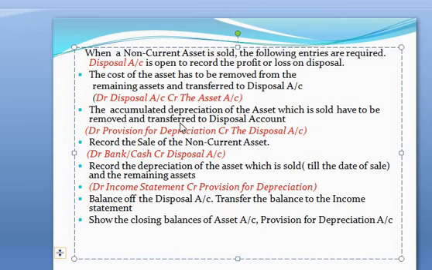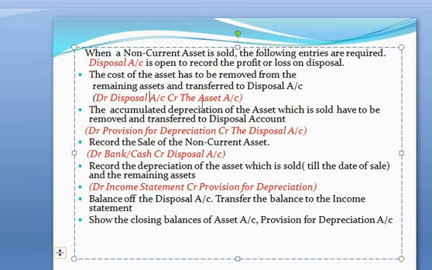Now, the first entry is to remove the asset from the remaining assets. You remember an asset account has a debit balance, right? So if you are removing it, you credit that asset account and you debit disposal. Remember, all entries are done with the disposal account.